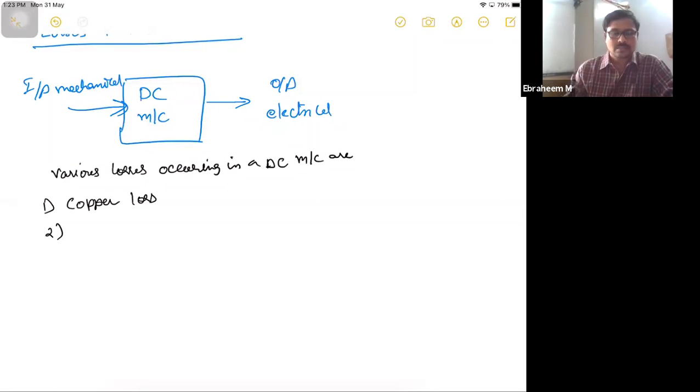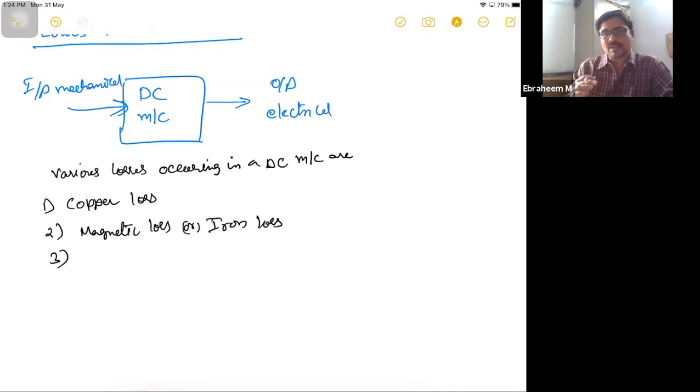Second one is magnetic loss, which we generally call iron loss.